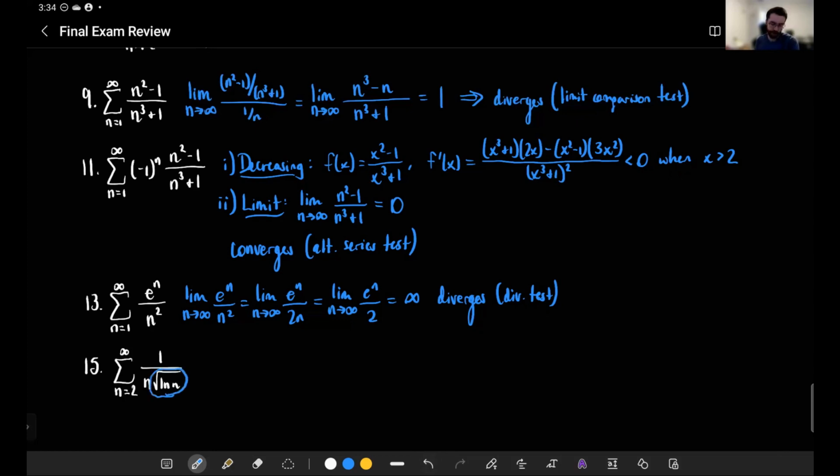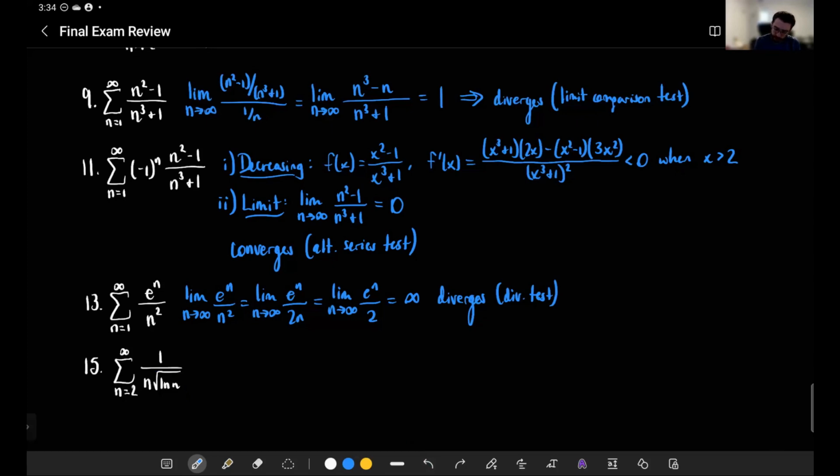Because you could make the argument that you're multiplying the denominator by some positive thing. So maybe it converges, or maybe the terms are smaller than the harmonic series. In fact, they are. But being smaller than a divergent thing doesn't mean you're necessarily convergent, right? You have to be significantly smaller. And square root of log n grows pretty slowly.